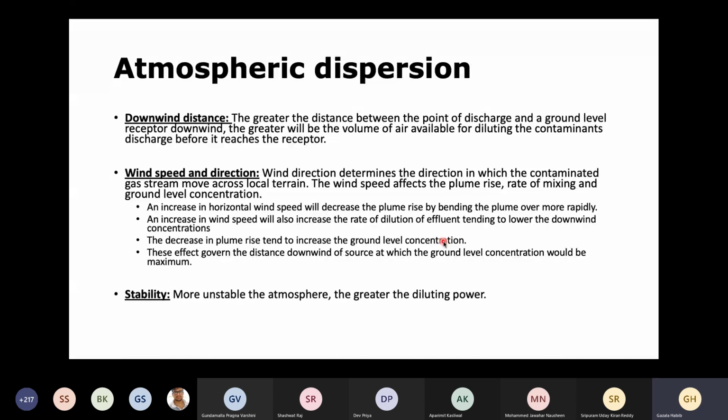So these are the limits. Below this limit everybody is safe, above this limit there would be health consequences.